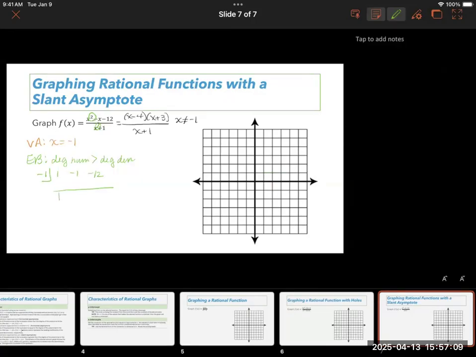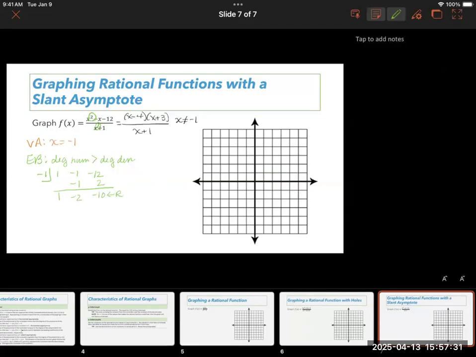So 1 comes down. Negative 1 times 1 is negative 1. Add, I get negative 2. Negative 1 times negative 2 is 2. Add that together and I get a negative 10. Now remember, in synthetic division, this final number is our remainder.